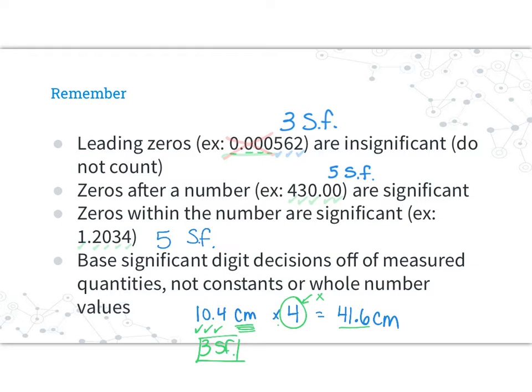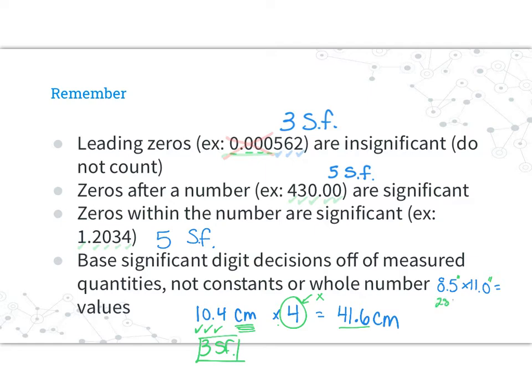If I'm multiplying 2 measured numbers together, let's say I'm looking for the area of a piece of paper. A piece of paper is 8.5 by 11 inches. Let's say 11.0 inches, just to add a different number here. 8.5, sorry, these were inches. I should add units so we know what we're counting.